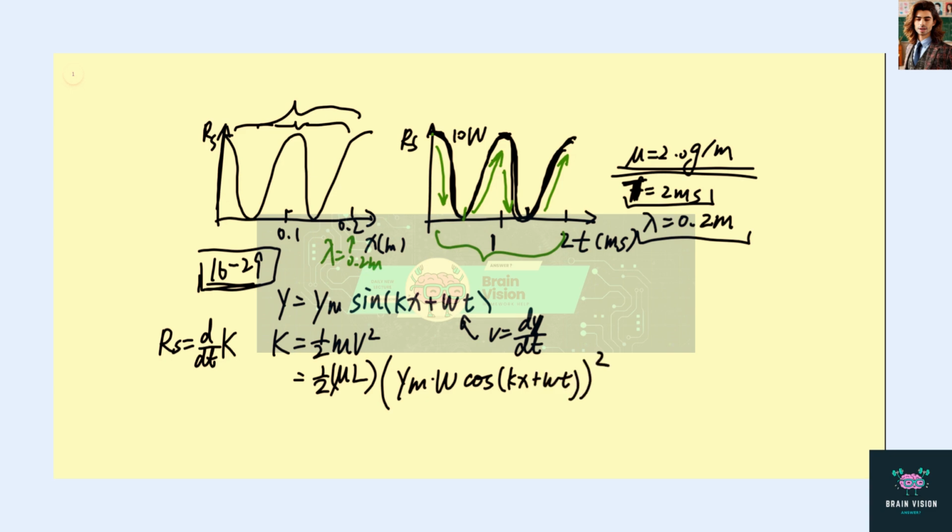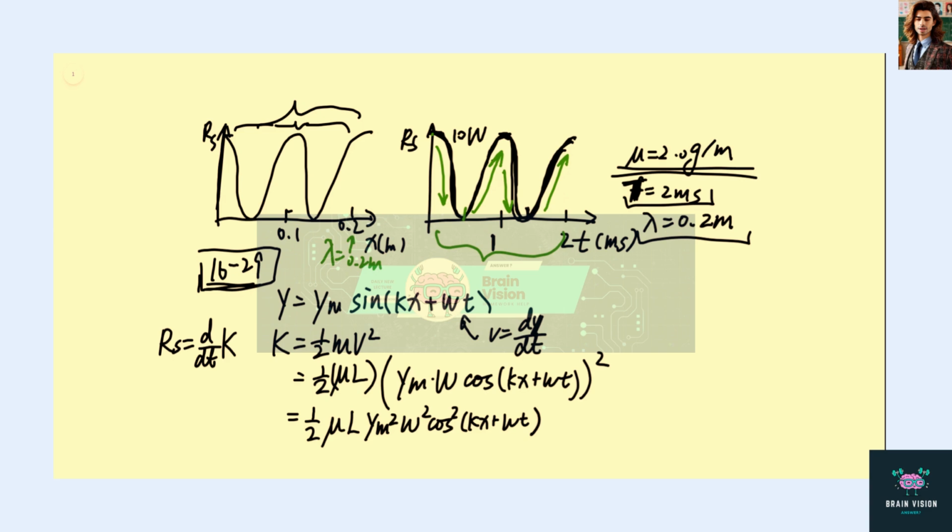If we simplify it, we get 1/2 mu L y_m squared omega squared cosine squared (kx plus omega t). But now we're looking at the rate of change.